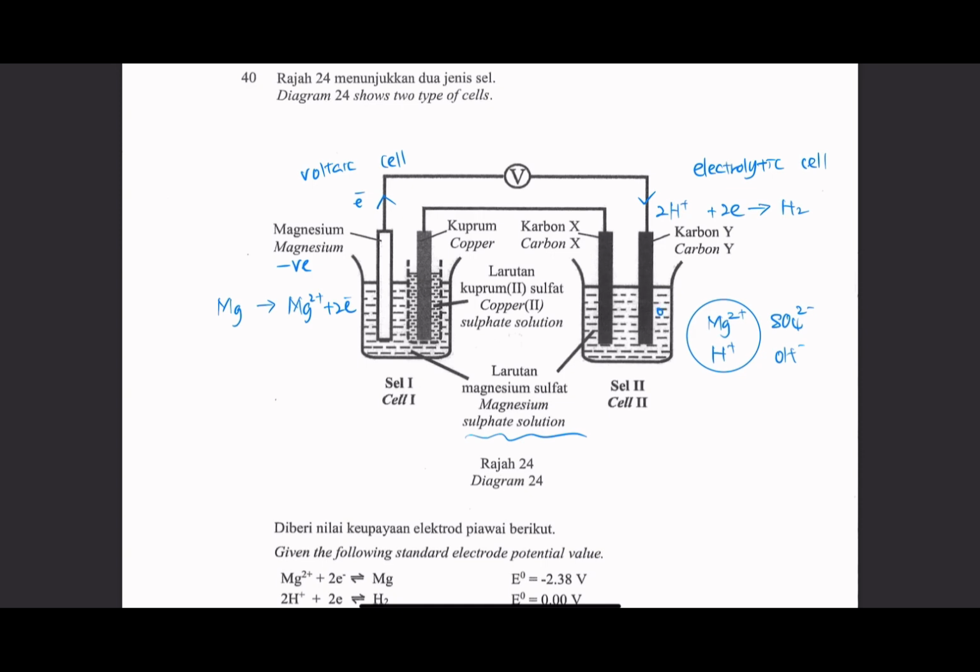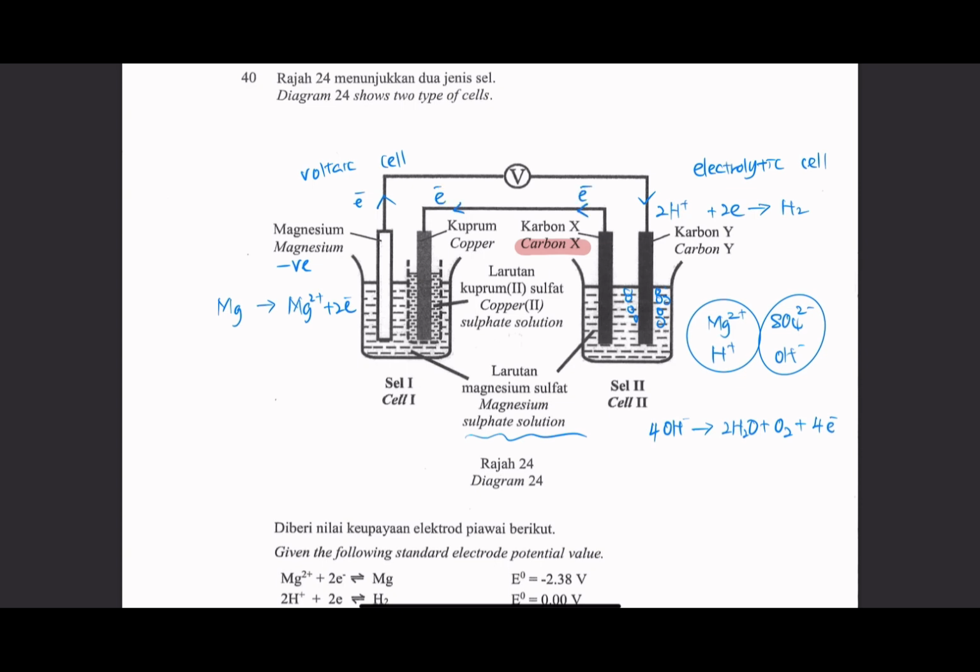So there's hydrogen gas, a colorless gas bubble will be observed. At carbon X, we still have hydroxide and sulfate. So of these two, the hydroxide will be oxidized and donate electrons.